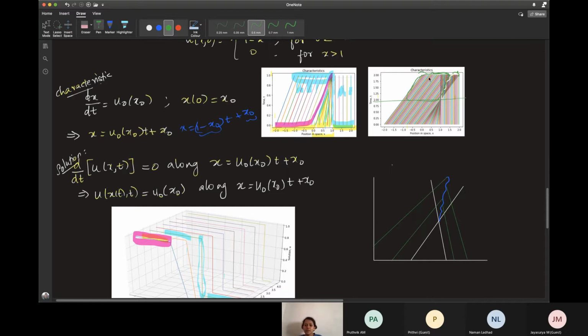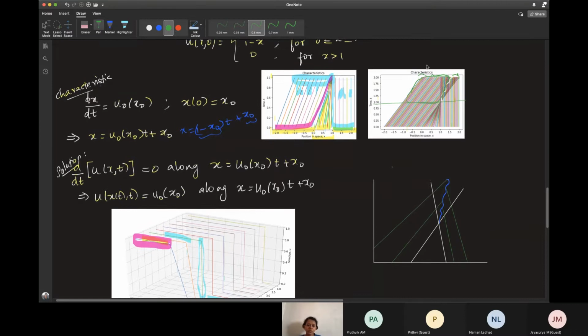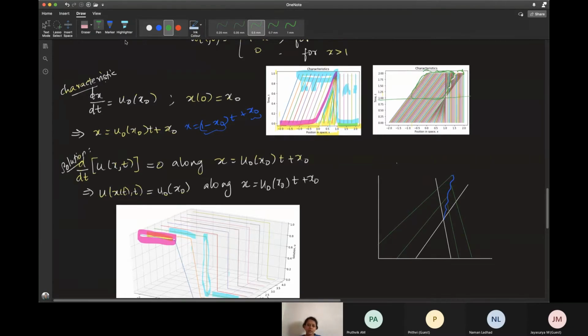So you now make the solution piecewise continuous after identifying such a characteristic. So now let's move on to defining this characteristic. For defining this characteristic, you only need the slope, that is the speed of the characteristic.